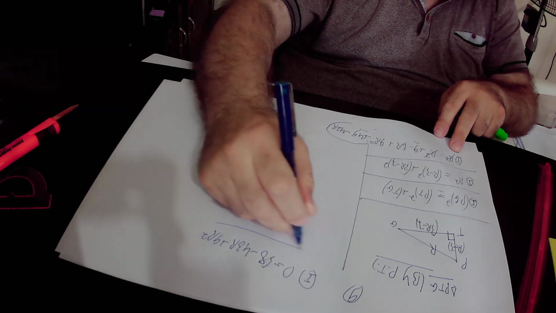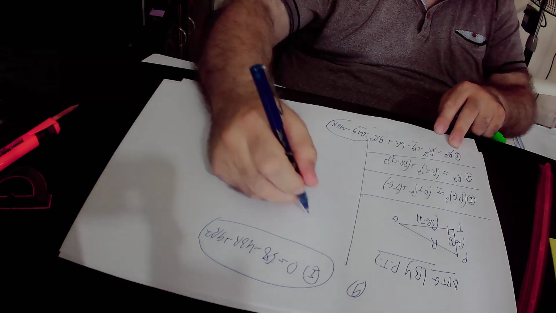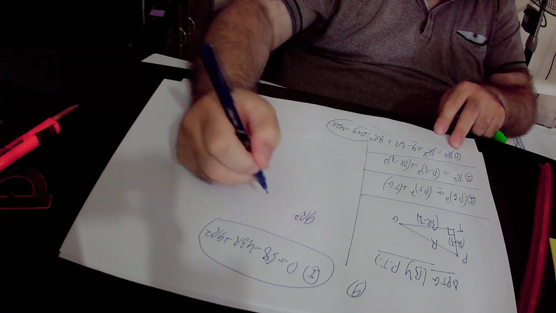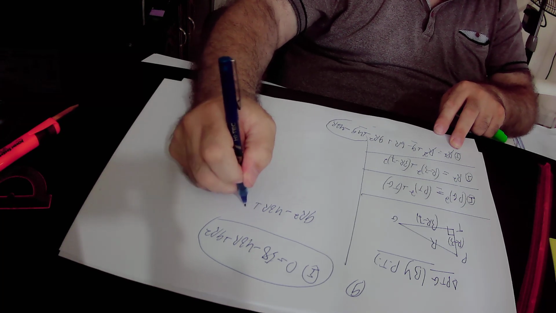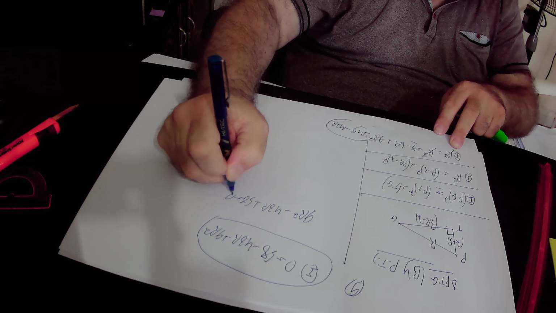So we have here the quadratic equation 9R squared minus 48R plus 58 is equal to 0.